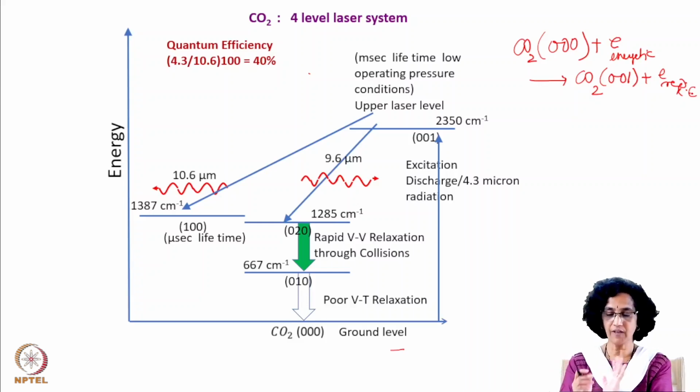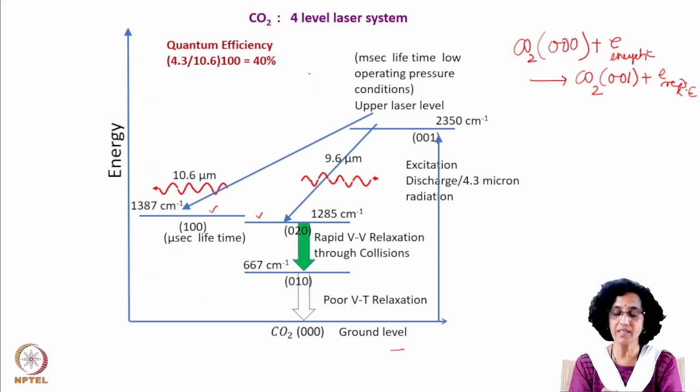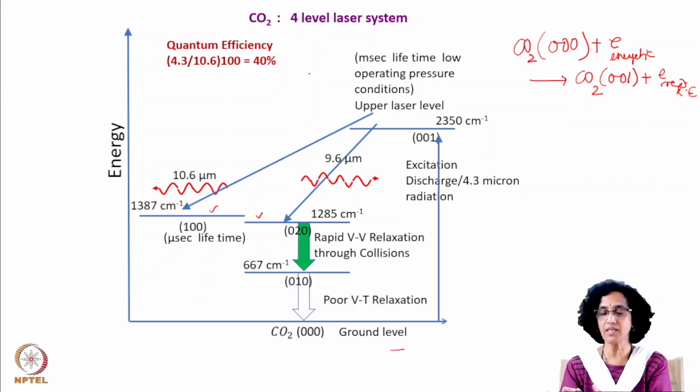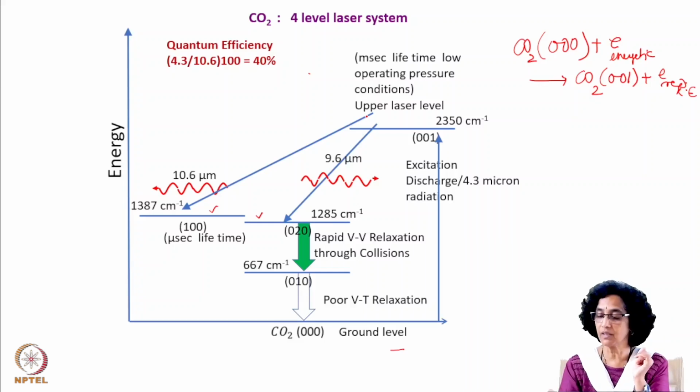Now we have said that this is the lower laser level, and this is also another lower laser level. Why do we have two lower laser levels? Yes, because we already know the rules for vibrational transitions. We have known that delta V should be equal to plus minus 1.